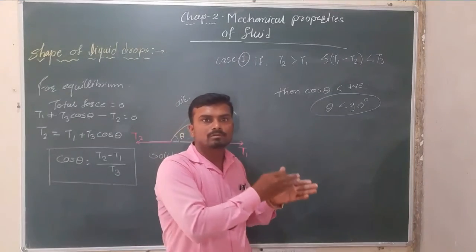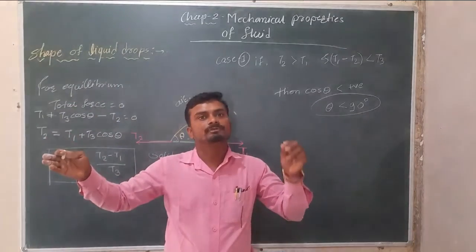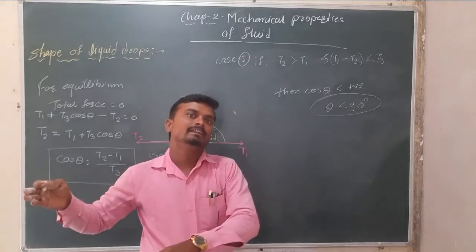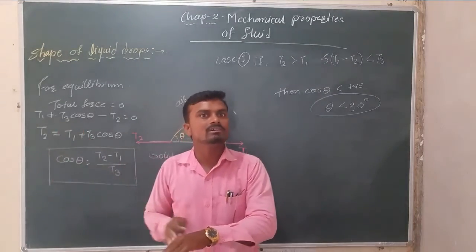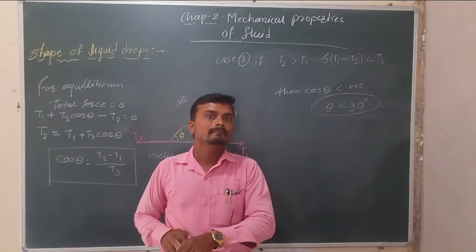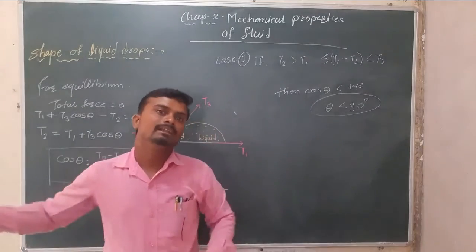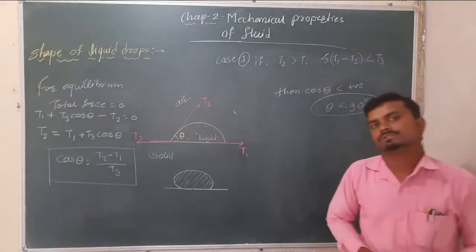If we go from 0 degree to 90 degree, then the value of cos of theta goes on decreasing. And at 90 degree, it becomes 0. And if we again increase the value of theta towards 180 degree, then the value of cos of theta becomes negative, and finally at 180 degree the value becomes minus 1.